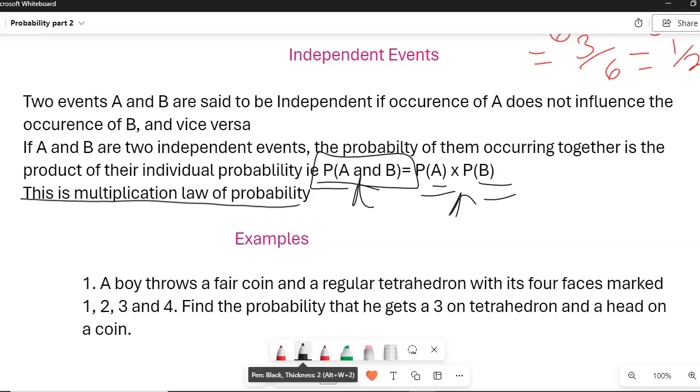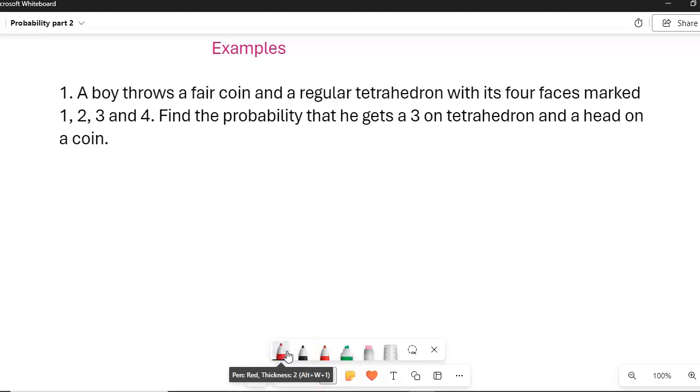Let's see an example on the same. If a boy throws a fair coin and a regular tetrahedron with its faces marked 1, 2, 3 and 4, find the probability that he gets a 3 on the tetrahedron and a head on the coin.